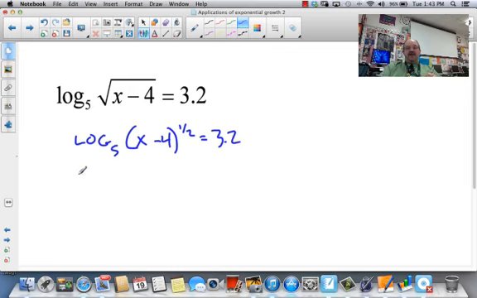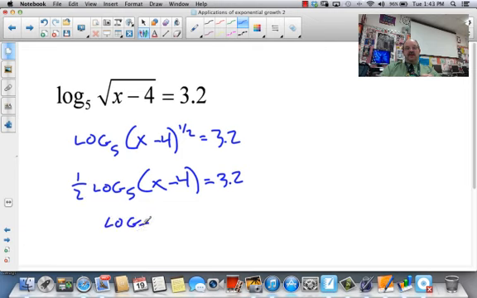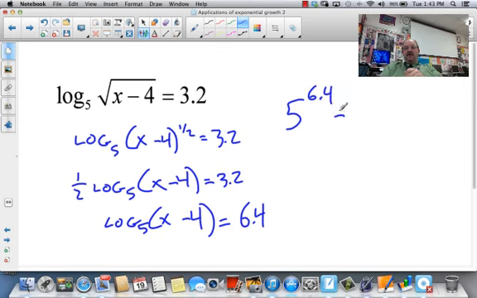And so then I can bring the half up front, 1/2 log base 5 of x minus 4 equals 3.2, and then to clear the 1/2 out, I multiply both sides by 2, so I get log base 5 of x minus 4 equals 6.4, and then I'm just going to use my properties here, and so that means that 5 raised to the 6.4 power equals x minus 4.